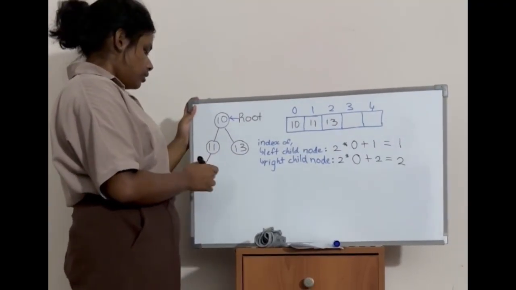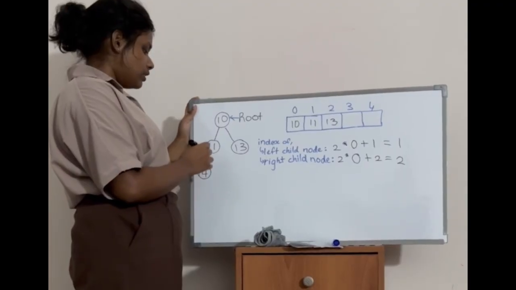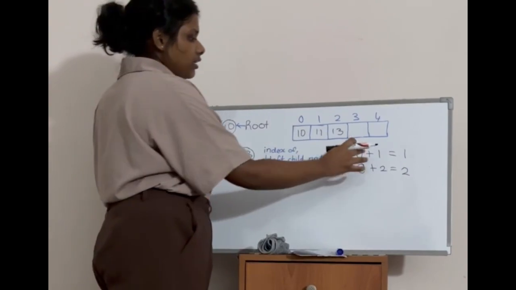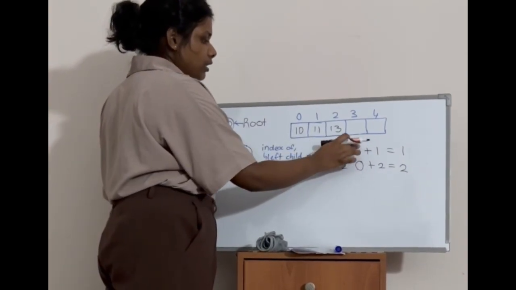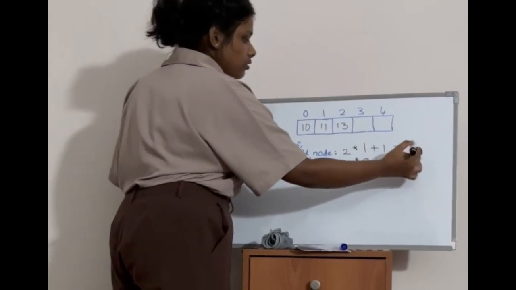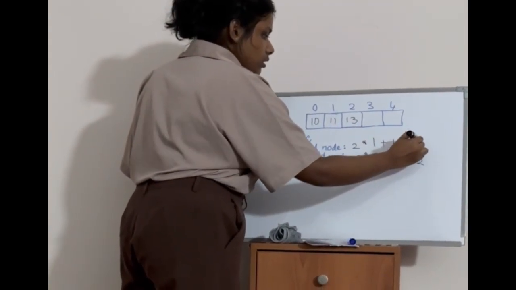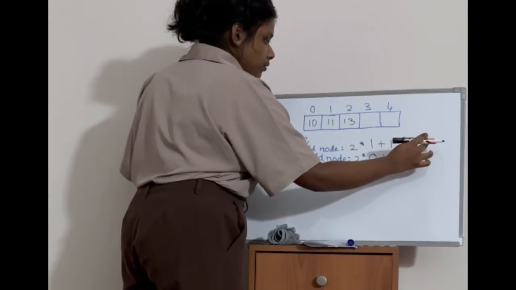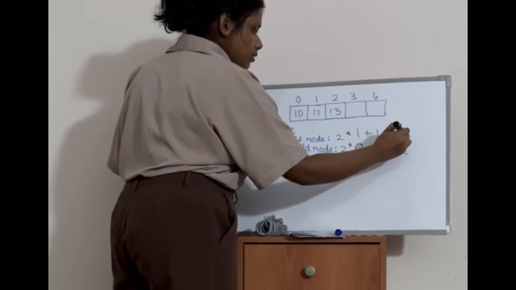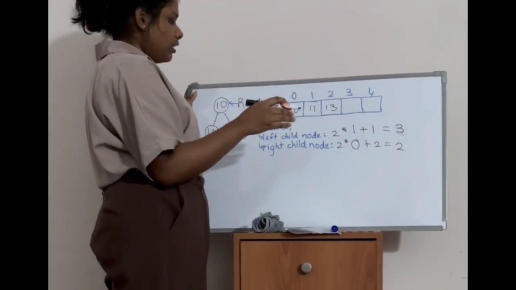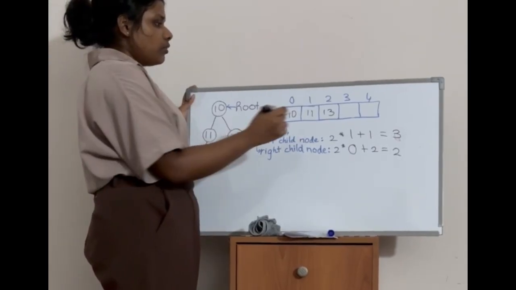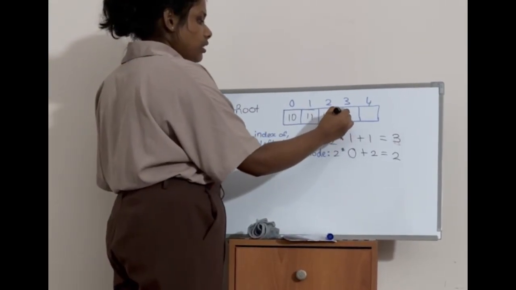And for 14, which is the left child node of 11, we can simply replace I with 1 and solve this equation to get the answer as 3, and so the 14 will be stored at index number 3.